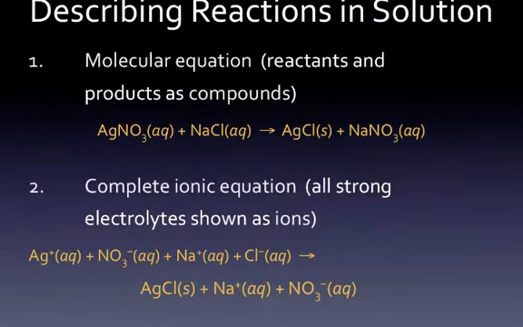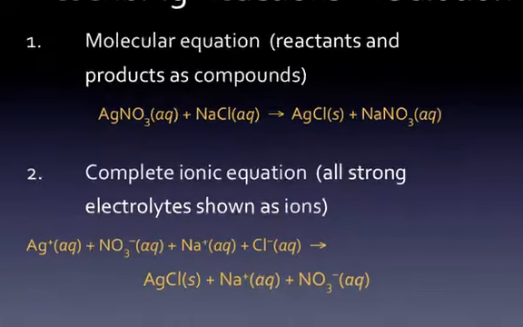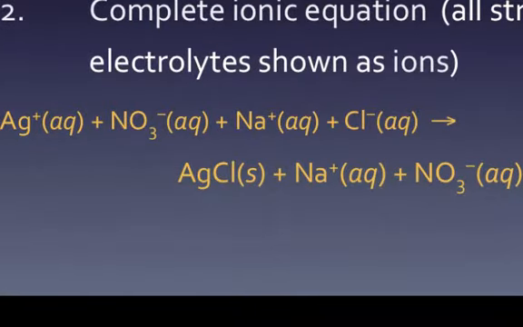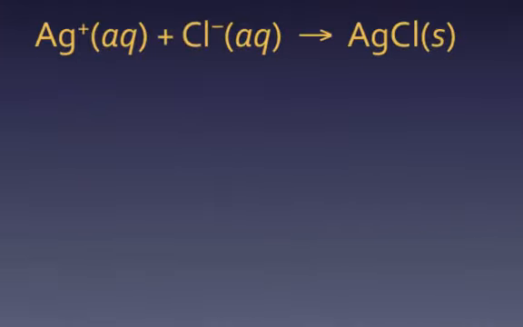Here is the complete ionic equation one more time, and notice what is exactly the same left and right. Well, yeah, the sodium, and of course the nitrate. And so if we cross those out, we're left with that. And that's all a net ionic equation is.